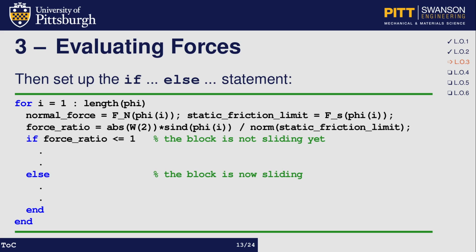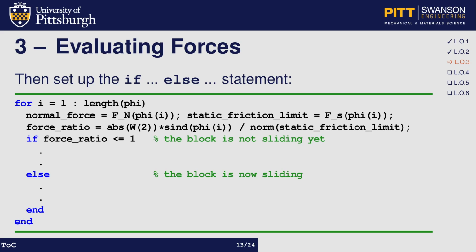We can justify that to ourselves by thinking about the equation. In the numerator, we have the magnitude of the block's weight, which is directed down the incline. In the denominator, we have the friction force, which points up the incline. If the fraction is less than or equal to 1, then the maximum force of static friction is still greater than the force that is being applied by gravity down the incline.